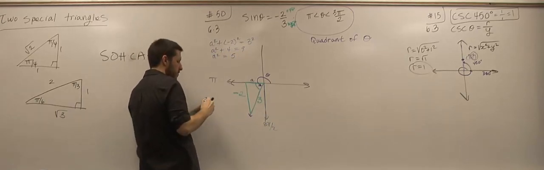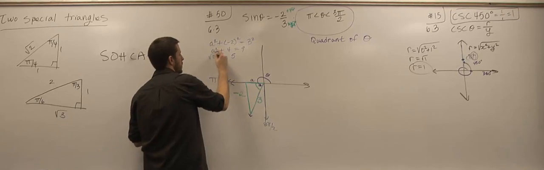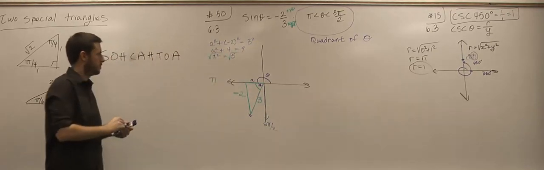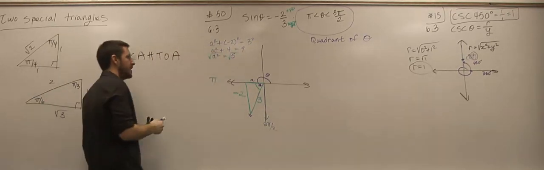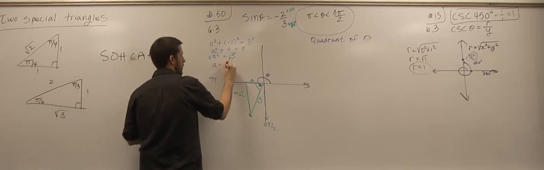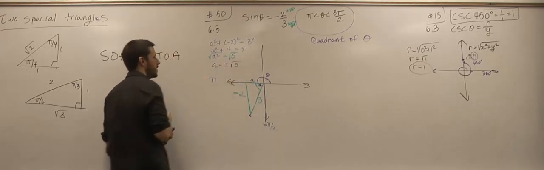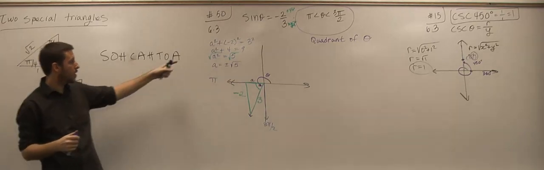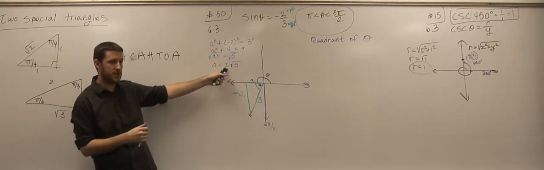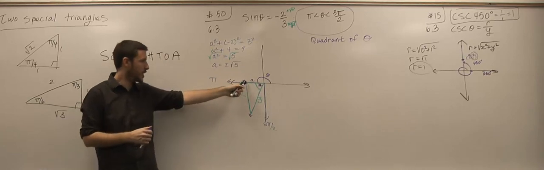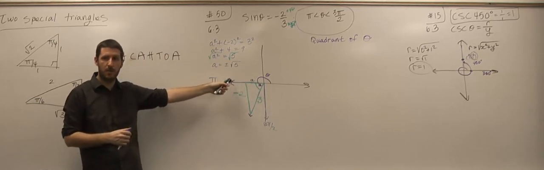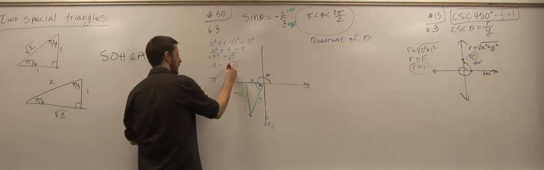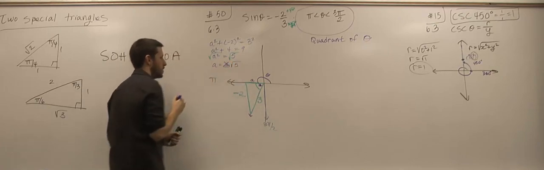And then when you square root both sides, a equals plus or minus root 5. So when you square root both sides, you get plus or minus options. But because we know our triangle is going to the left, we're going to choose the minus option. So we like this one, we hate this one.